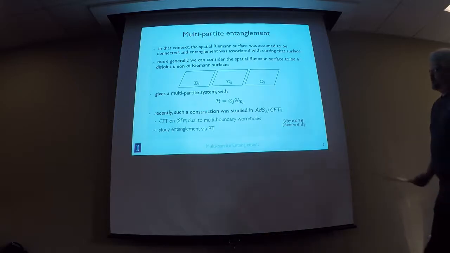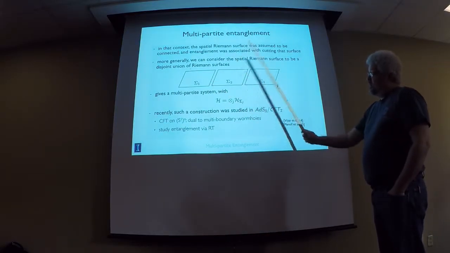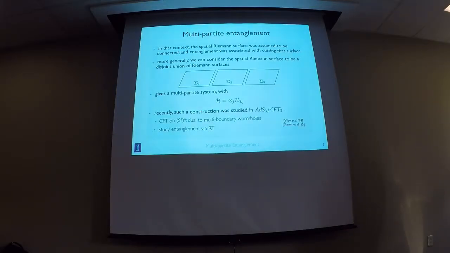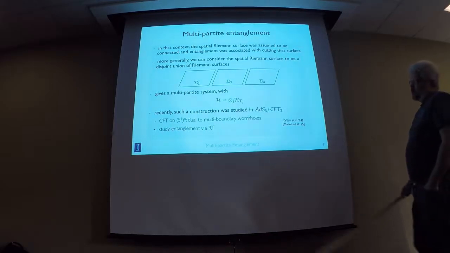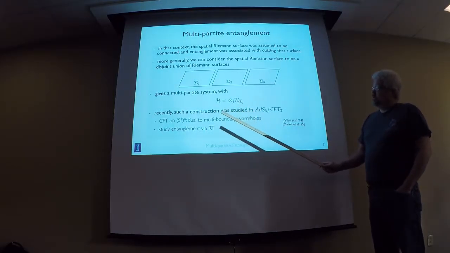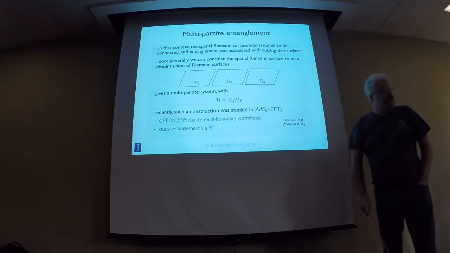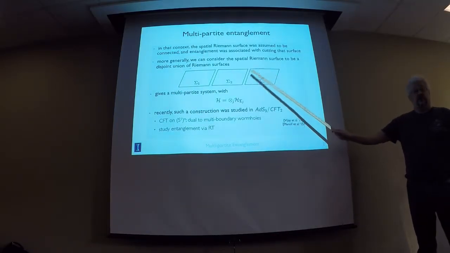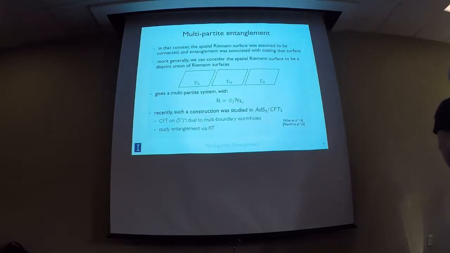So, for example, this is just a cartoon again, but you could imagine that space is just a disjoint union of surfaces. And what that will give you is a Hilbert space, which you can think of as just a tensor product of the Hilbert spaces associated with each one of those Riemann surfaces.